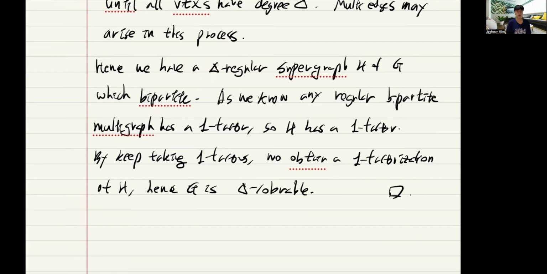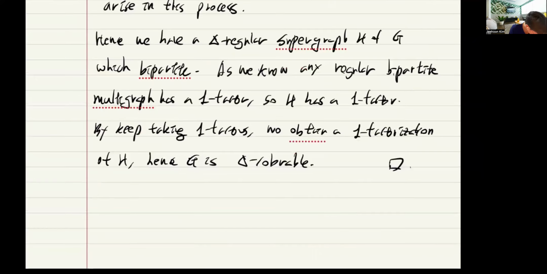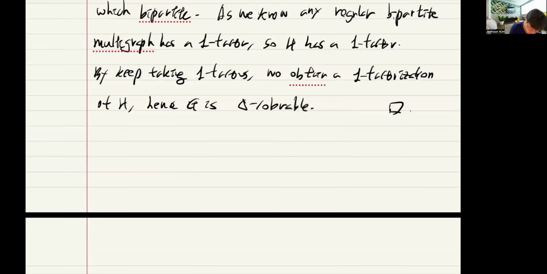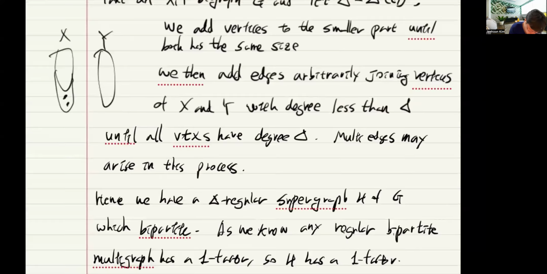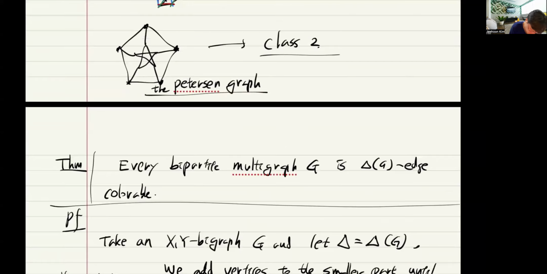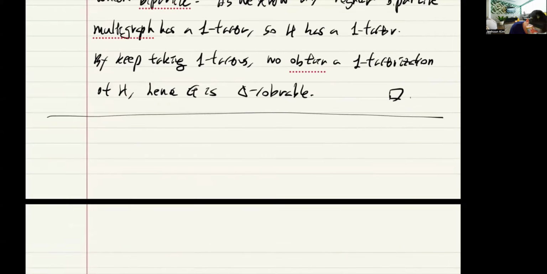H is a supergraph of G. If H has an edge coloring, it naturally reduces to an edge coloring of G, and it uses at most delta colors. Okay, so this is one interesting case of graphs in class 1.